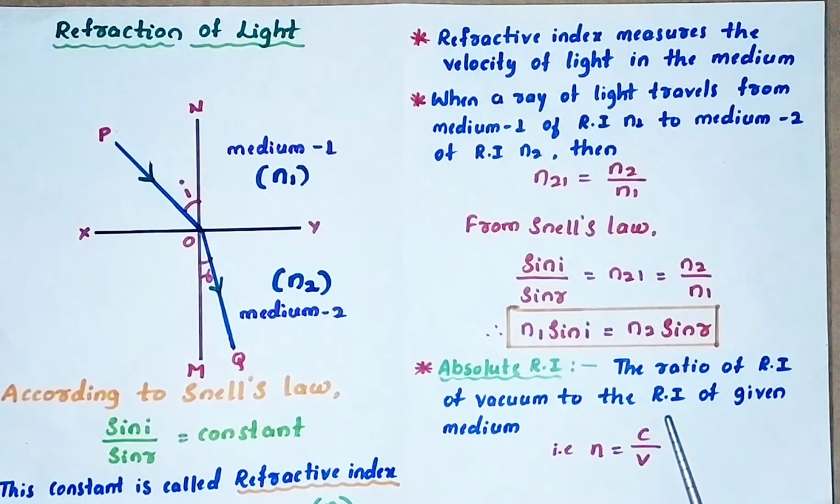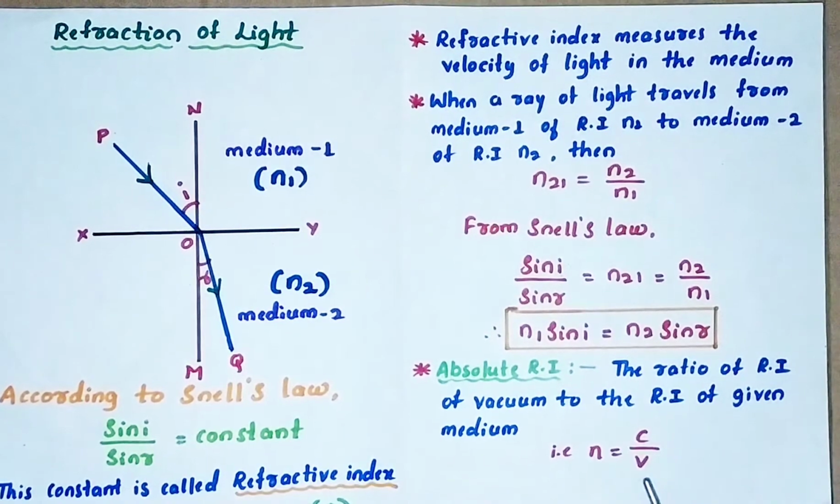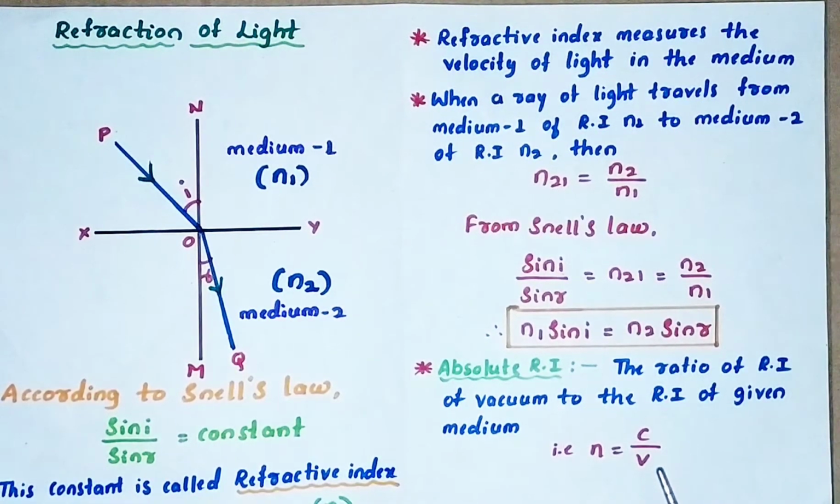And the speed of light changes when it enters any other medium. So the equation is n equal to c divided by v. n indicates absolute refractive index, c indicates speed of light in vacuum, and v indicates speed of light in any given medium. So this is absolute refractive index.